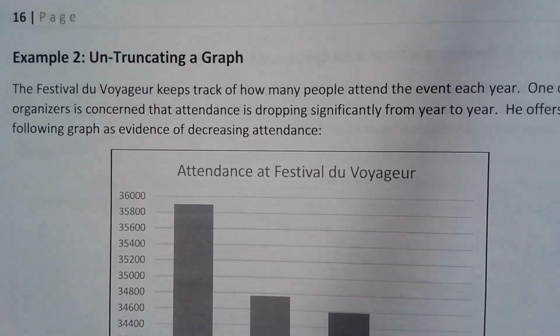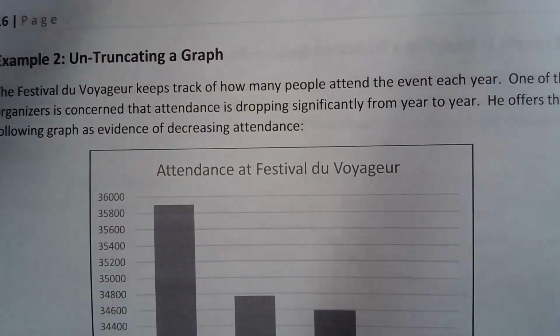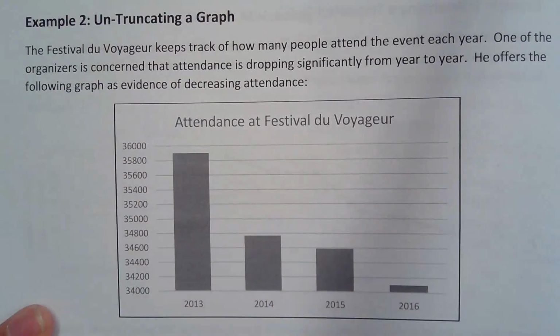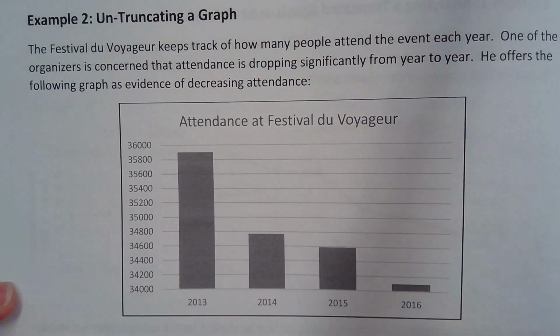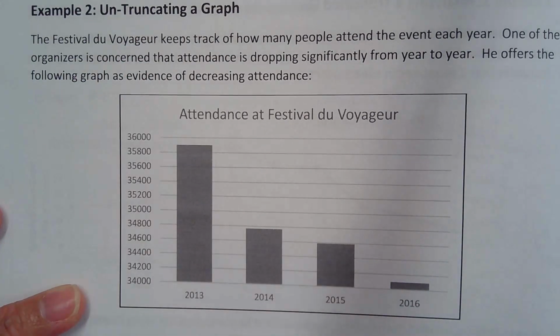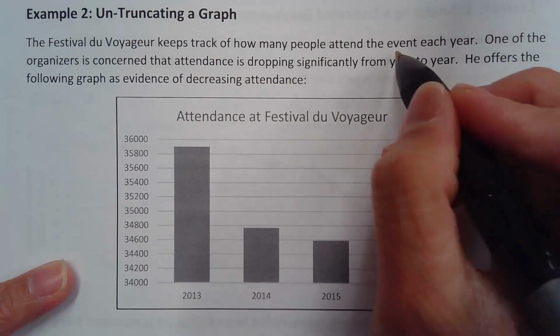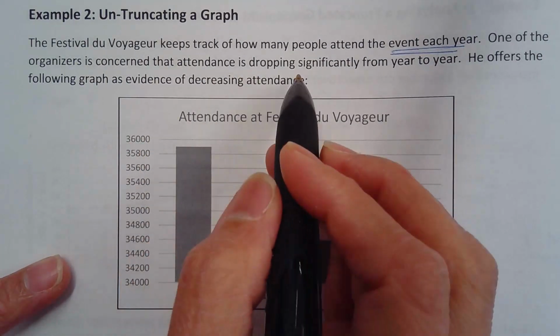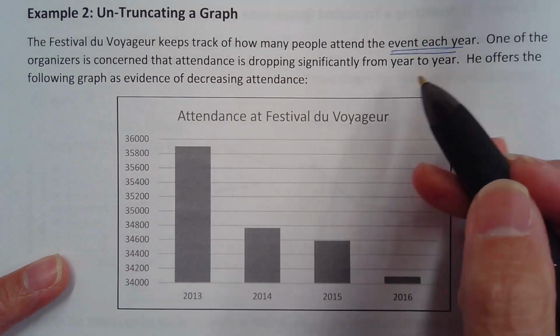Festival de Voyageur. There was a float about that last weekend. The Festival de Voyageurs keeps track of how many people attend the event each year. One of the organizers is concerned that attendance is dropping significantly from year to year.